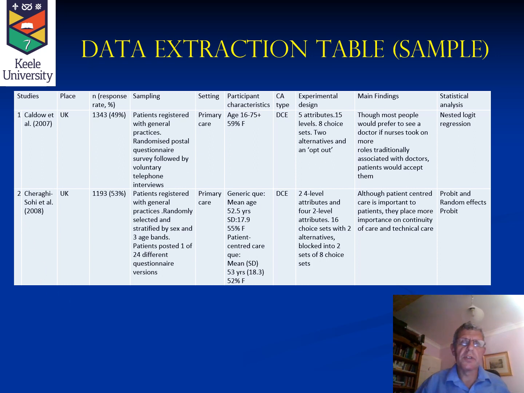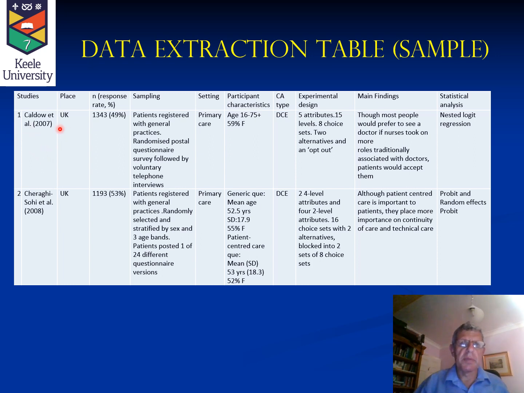Just looking at the studies, there were 15 in total conducted in primary care settings. 11 were based in the UK, 2 in Australia, 1 in Sweden, and 1 in the USA. Sample sizes ranged from 51 to 3,893, and response rates ranged from 18% to 94%.